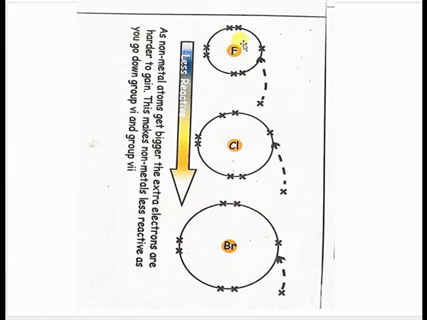Fluorine is the most reactive because its ability to gain one electron is very high, and chlorine's ability to gain one electron is higher than that of bromine. So fluorine is the most reactive, followed by chlorine, bromine, and then iodine. As the atomic radius increases down the group, the nuclear attraction decreases, and the ability to gain an electron in the outermost energy level decreases.